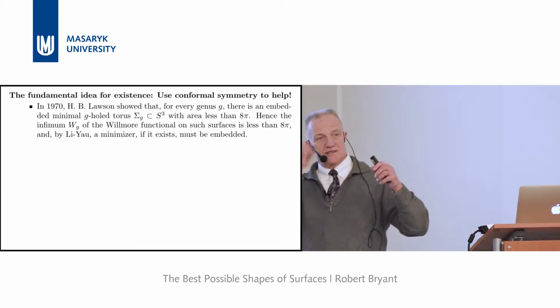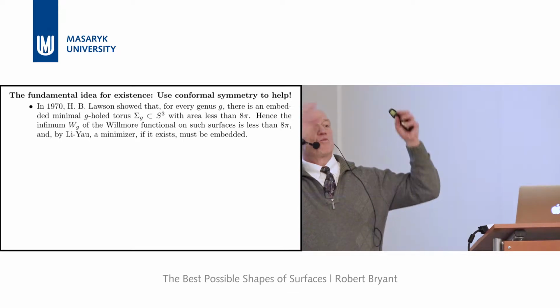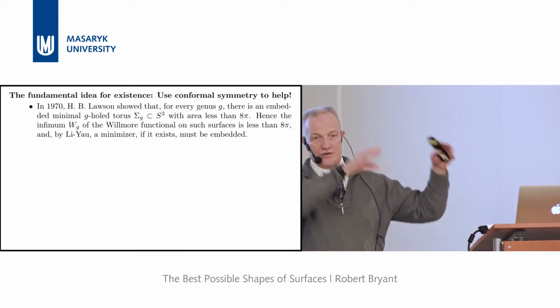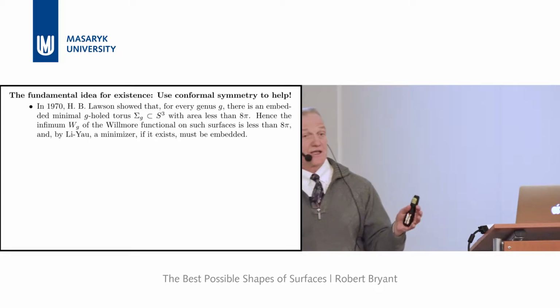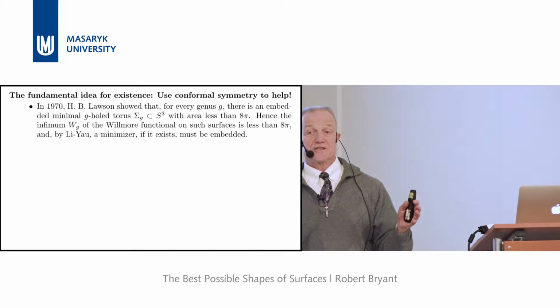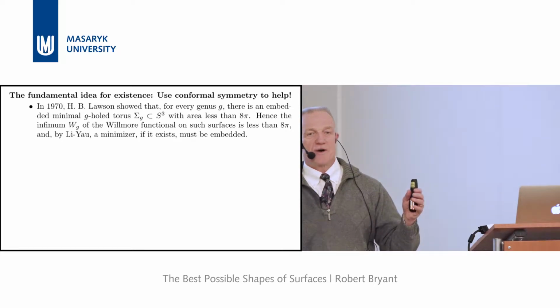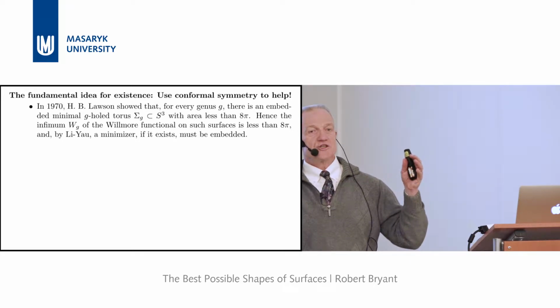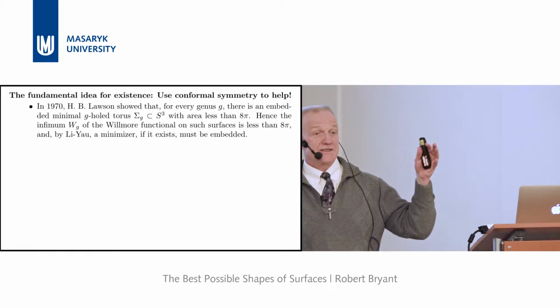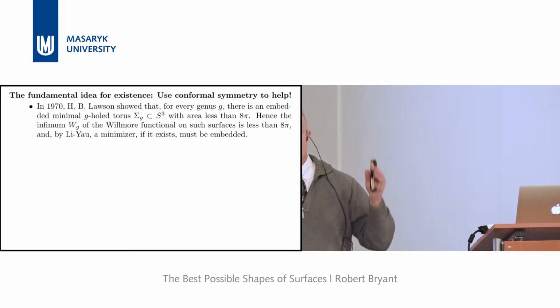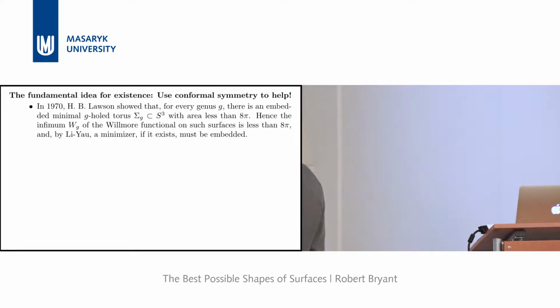So since H was 0, the Willmore integral was the area on the sphere. And since the area is less than 8 pi, what that proved is that as soon as you get down below 8 pi, when you're converging, you only need to deal with embedded surfaces.